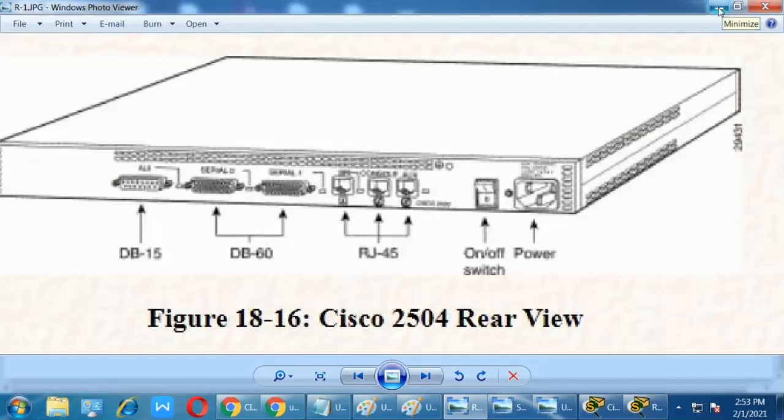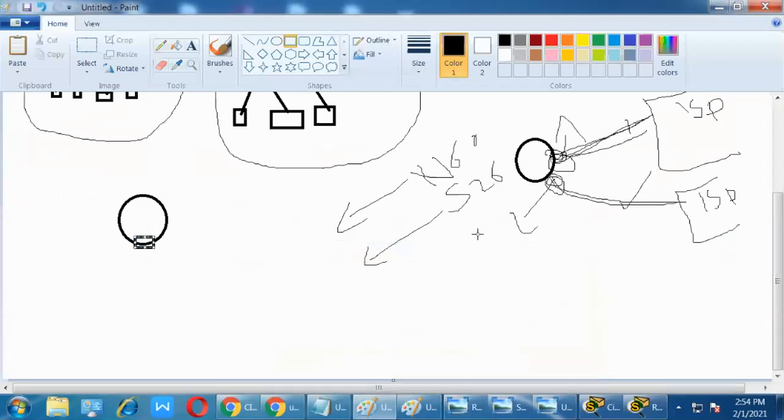I forgot in the previous class on Saturday to show you the router, because at the Al Khair complex we have the routers, so I forgot. Next Saturday, inshallah, I will show you the physical router.